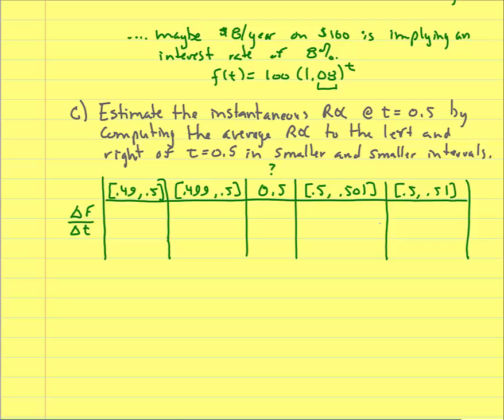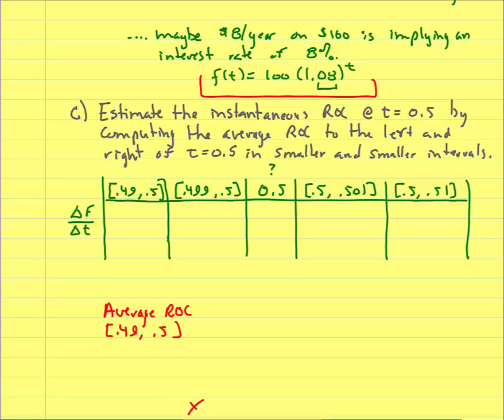So I think what we can do to get started with this is we can just start plugging in values into our function. Now remember what our function was. It's given right up here. So if you need to refer back to it, this is what we're plugging in for f, and then we go from there. Now I'll plug in the first one for you, and then you can fill in the rest of the table. So the average rate of change, let's do the interval 0.49 to 0.5.